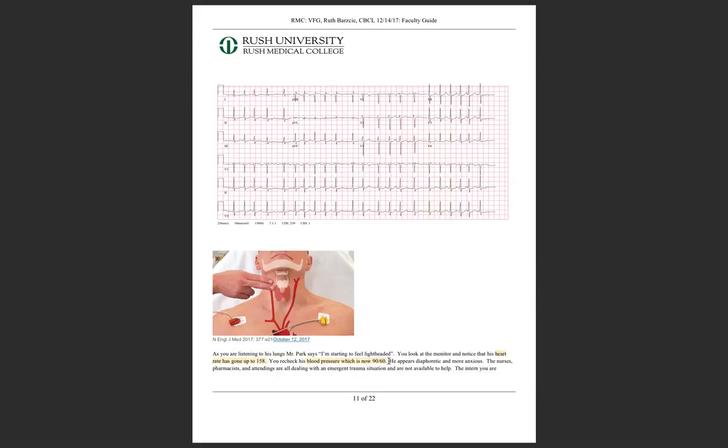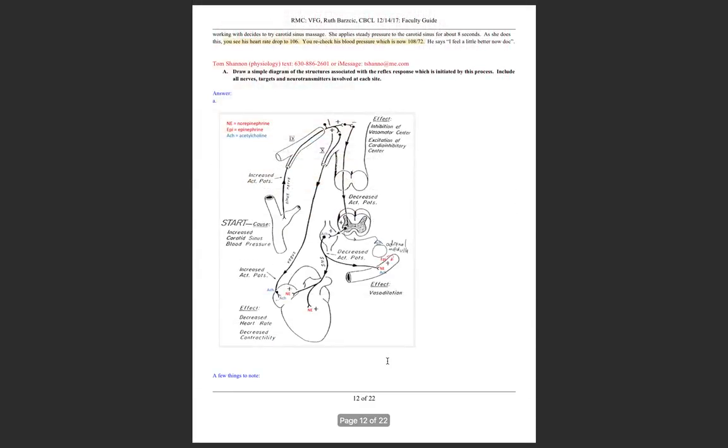His blood pressure is now down to 90/60. So our quick thinking hero intern decides to go with carotid massage. And so she applies pressure to the carotid sinus, and the heart rate drops to 106, and the blood pressure rises to 108/72.